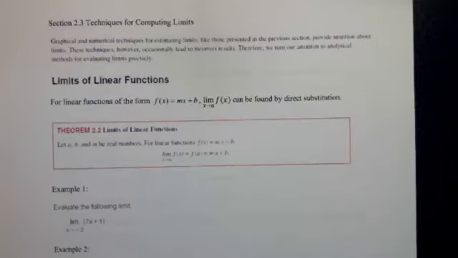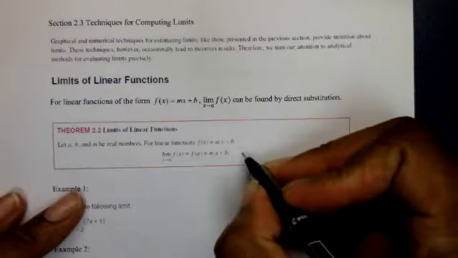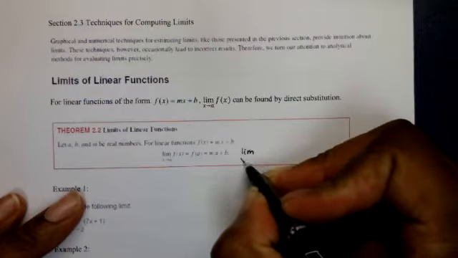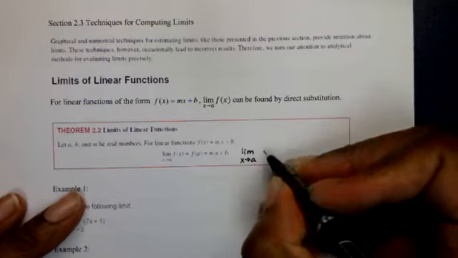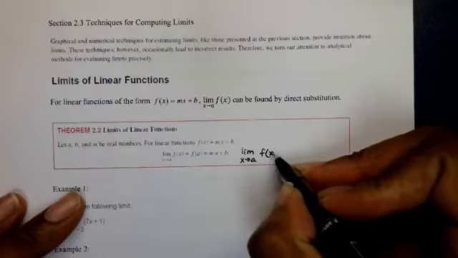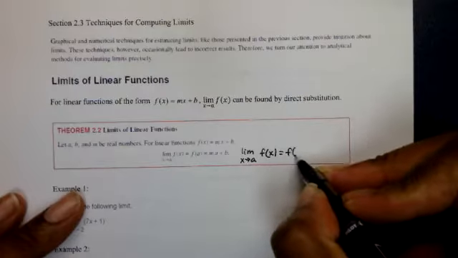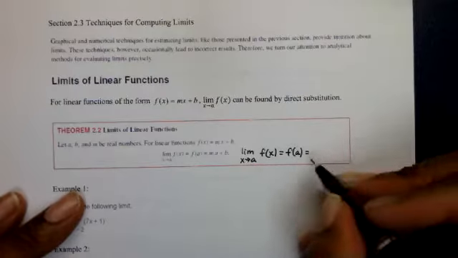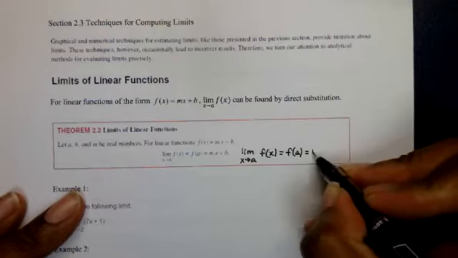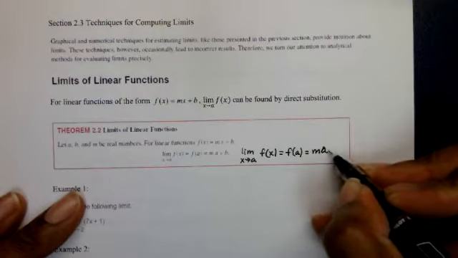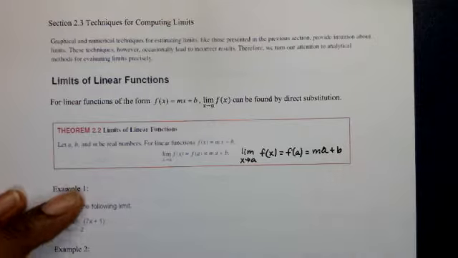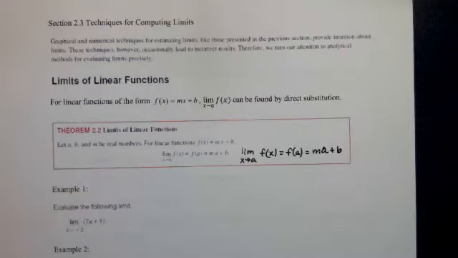That just means we substitute the x with a, and we'll end up with m times a plus b. So with a linear function, we just do direct substitution. That's pretty much the easy one there.